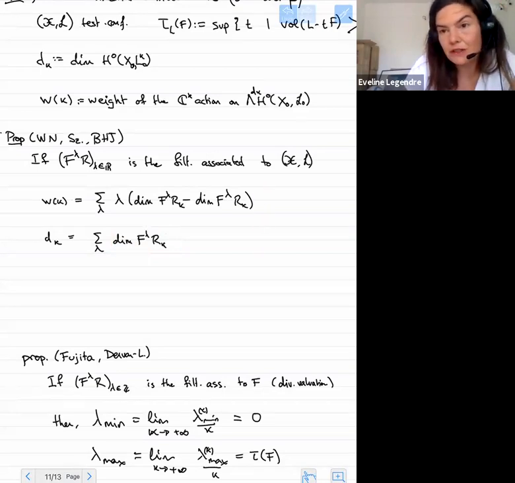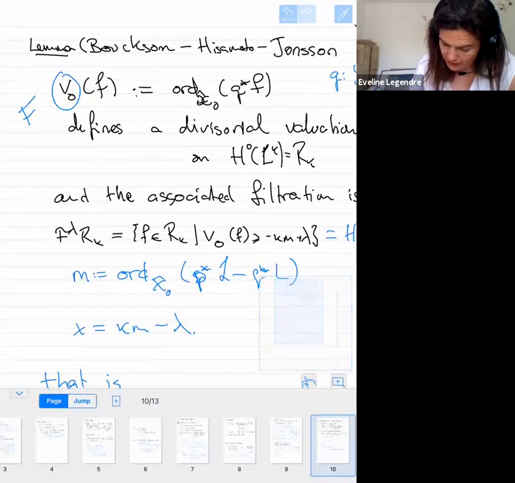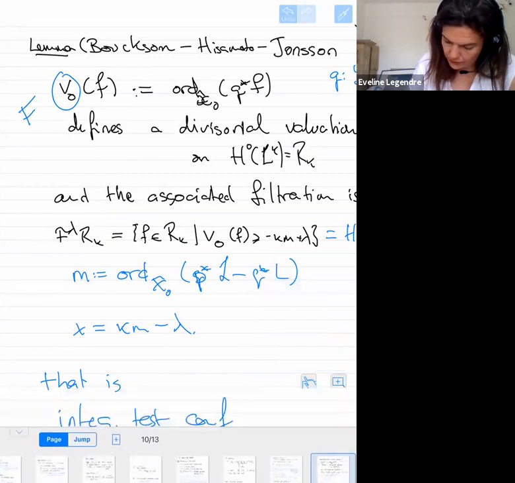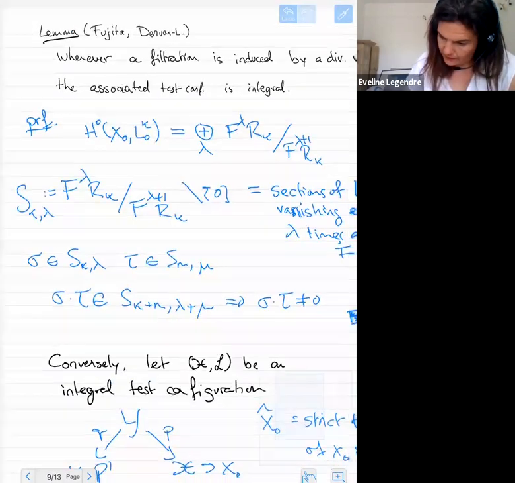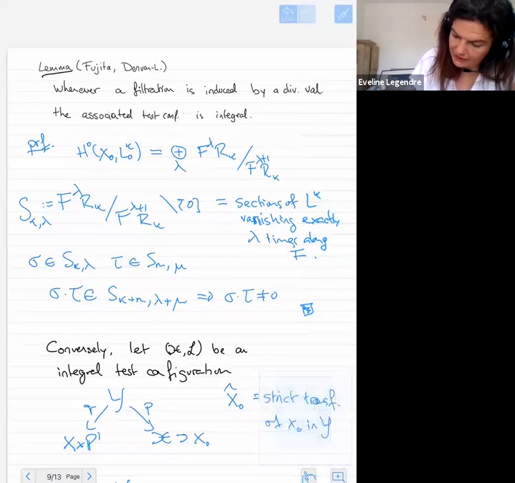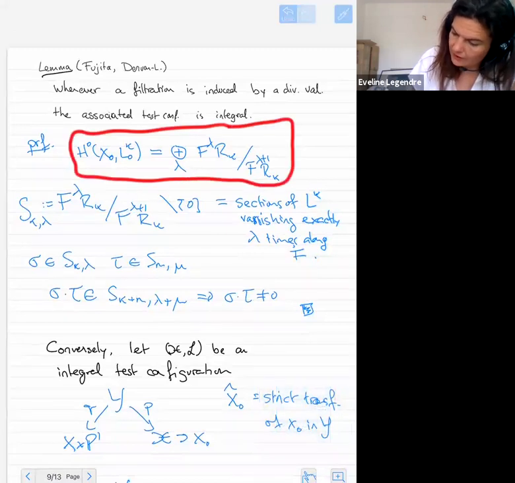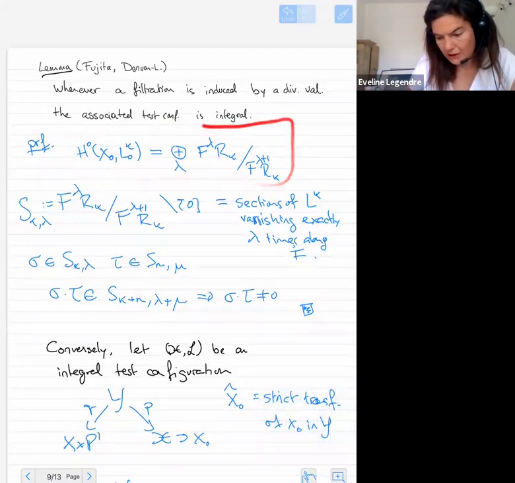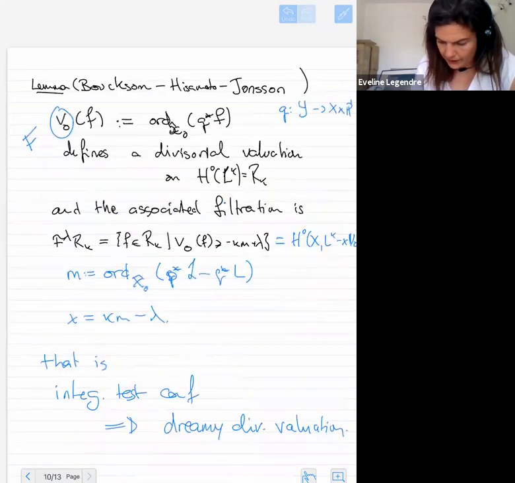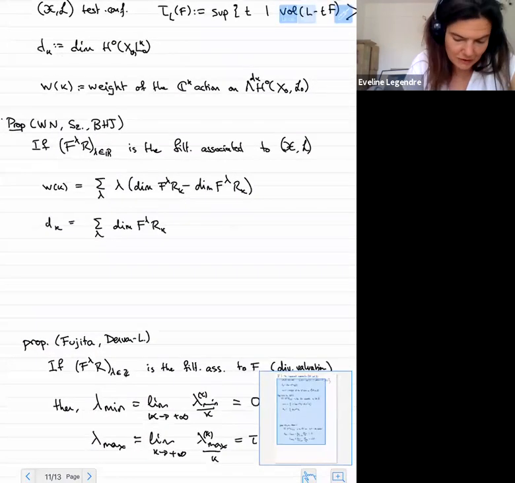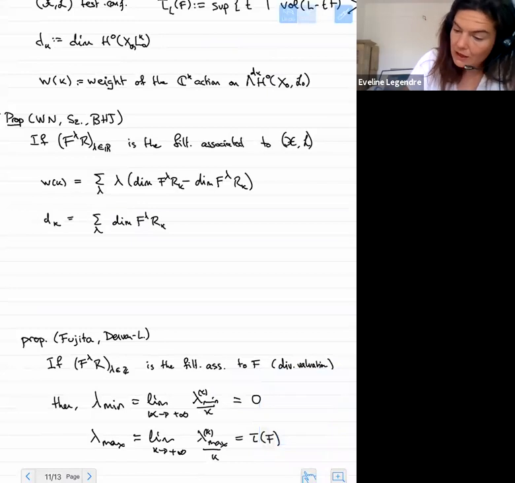This really comes from the Rees construction I was talking about just before, because we have all this representation. Okay, so this is a proposition, but this is not so complicated.